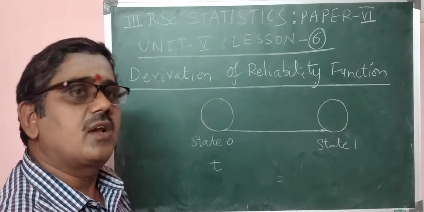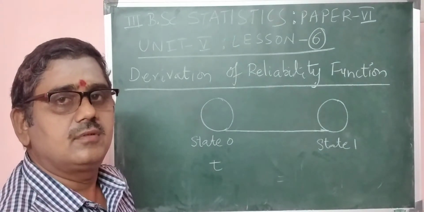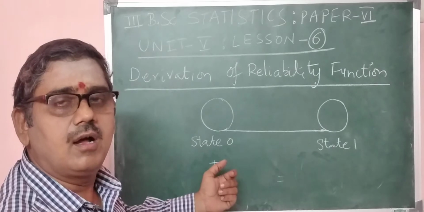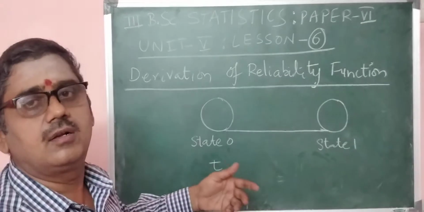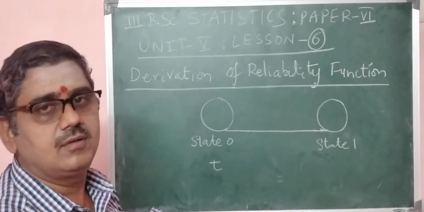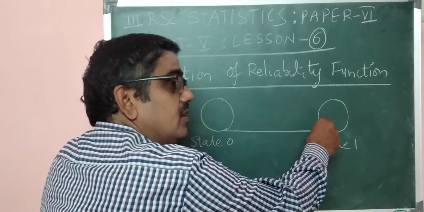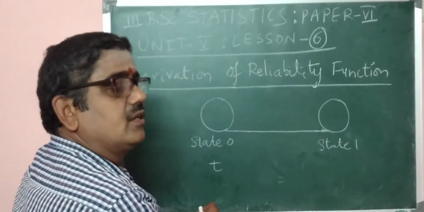Now, after the time period t, it was failed in a particular time period delta t, which means it reaches state 1 and the component fails.